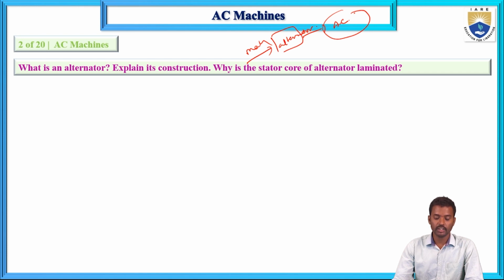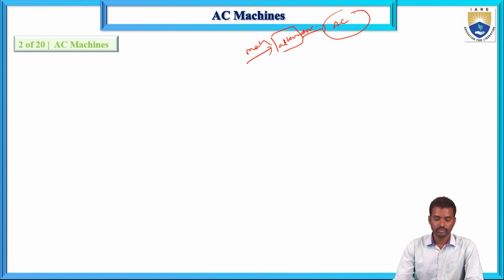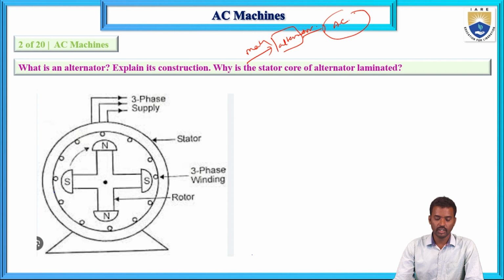Now explain its construction. The three-phase AC generator, that means the alternator, consists of a stator and a rotor. The rotor rotates inside the stator. The stator carries the stator winding and the rotor carries the rotor winding.